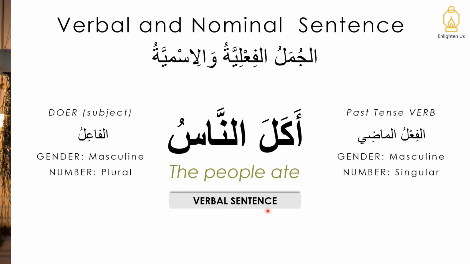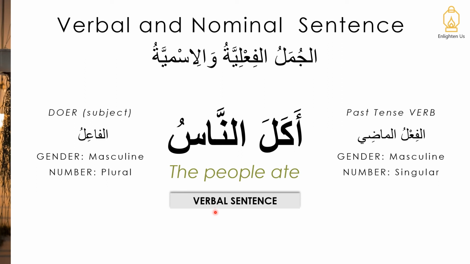Well, here we have a verbal sentence, أكل الناس. So let's pull out what we need from it. We need our fi'l. So we have our fi'l ماضي, أكل, and its gender is masculine, and its number is singular. We have الناس, so we have our fa'il, we have our doer. Its gender is masculine, its number is plural.